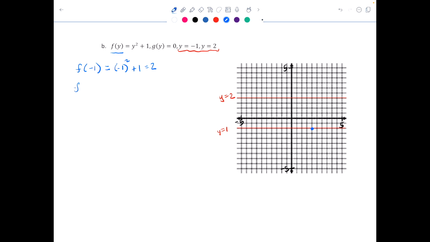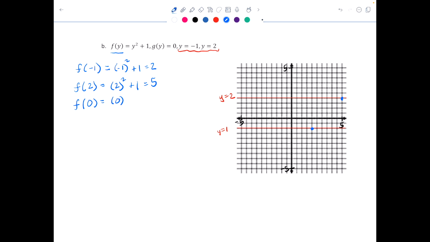Now f at 2 will be 2 squared plus 1, which is 5. So I'll have an ordered pair 5, 2. And then if you want to just get a feel for how that curve is going to look, if you're not super comfortable with conics, you can always find out what f at 0 is going to be.